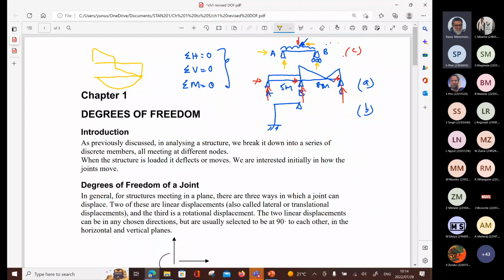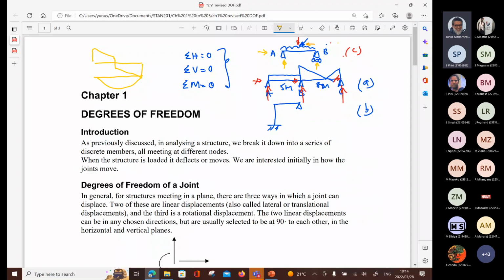Then I take vertical equilibrium, so I've got VC as an unknown, and then of course the loads. If I take sigma V, I've got the loads and then I've got the unknown reactions.